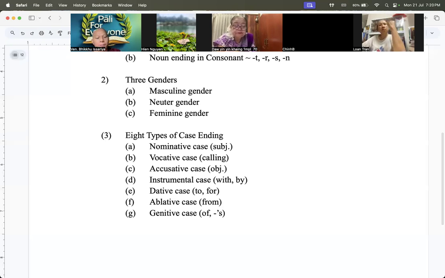And now the last one, number 8, that is locative case. Locative also, location. So commonly it is used to refer to the location.